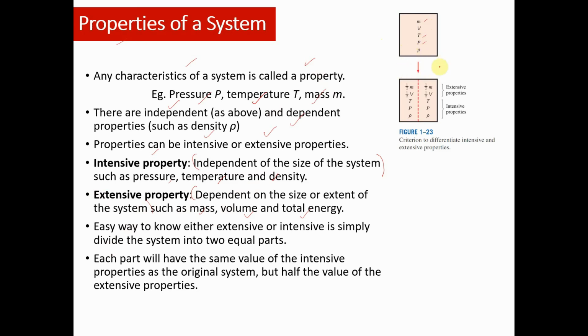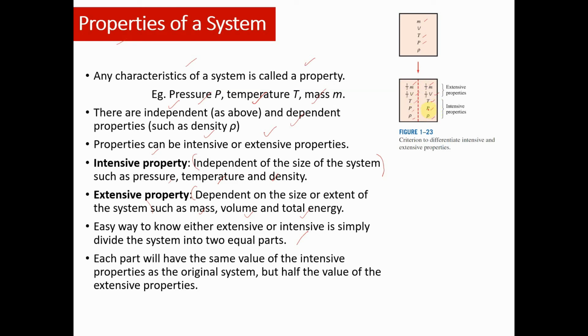After that, we divide the box into two equal parts. Here, we can say that the mass will be divided into half for each section, and the volume will also be divided into half for each section. But the temperature, pressure, and density will remain the same.